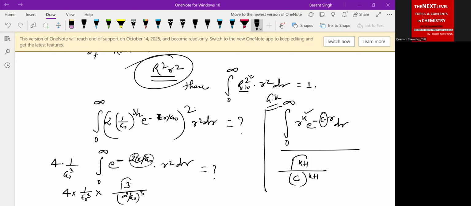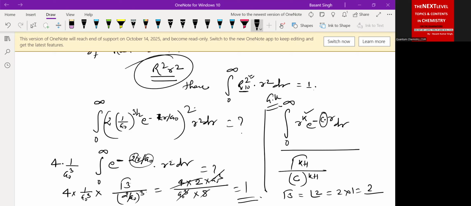Now gamma 3 is equal to factorial 2, which is 2. So this is 4 into 2 divided by a naught cube into 2 to the power 3, that is 8, and a naught cube. So this becomes 1.